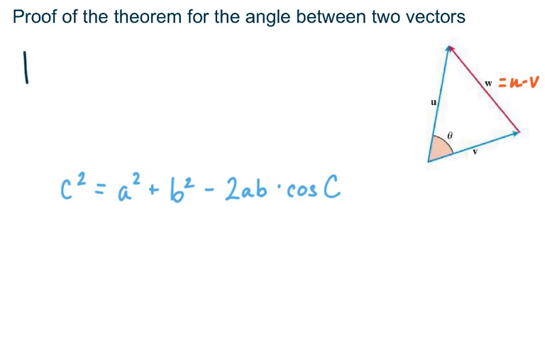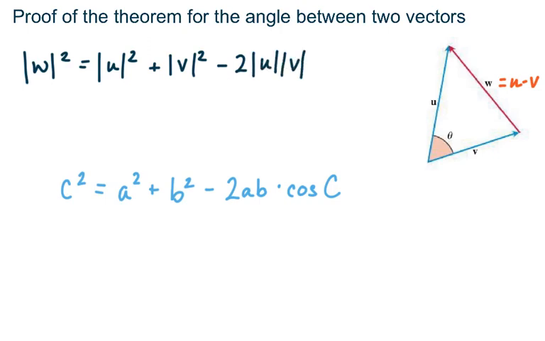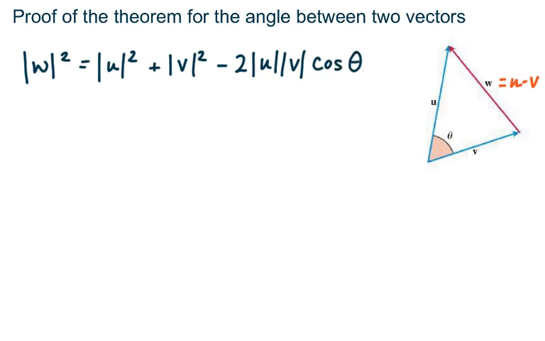So the magnitude of w squared equals the magnitude of u squared plus the magnitude of v squared minus 2 times the magnitude of u times the magnitude of v times cosine of theta. I'm going to rearrange this a little bit and move this term over to the left and the w squared over to the right. So that gives me 2 times the magnitude of u times the magnitude of v times cosine theta. When it moved to the left, it became positive.